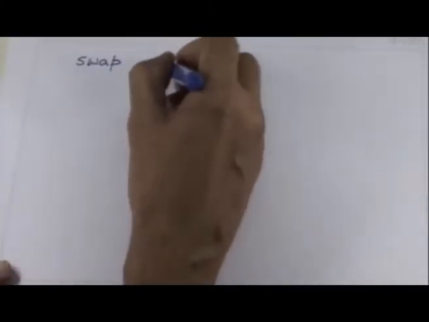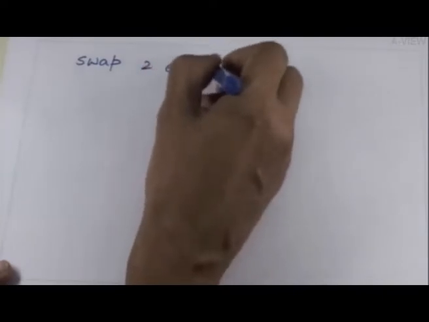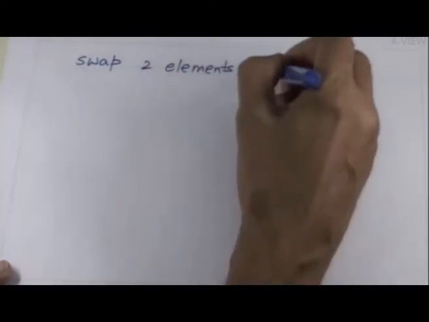So now I have talked about how to swap the elements of a linked list. If you are trying to create an arbitrary linked list and trying to make it sorted, then this question is very relevant. How to swap, which means interchange, two arbitrary elements of a linked list.